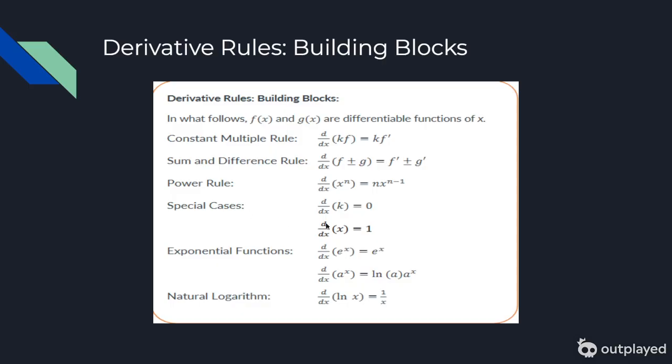And then we have special cases for a constant number. It'll just automatically become 0, and if a number is multiplied by just x, no exponent, the x just equals 1. And then we have exponential functions like e to the x, which just equals e to the x. And then we can move on to problem 1.